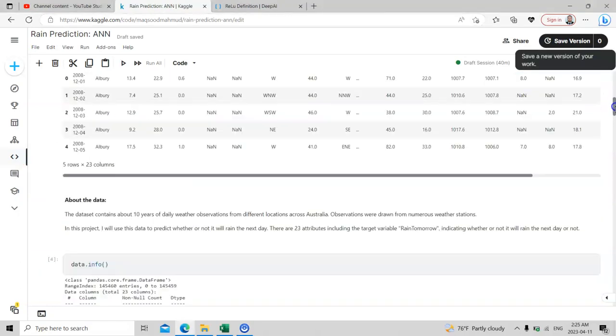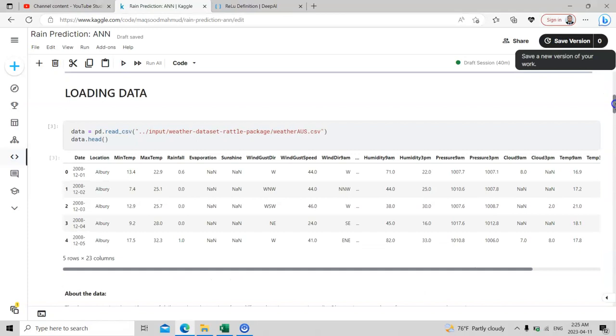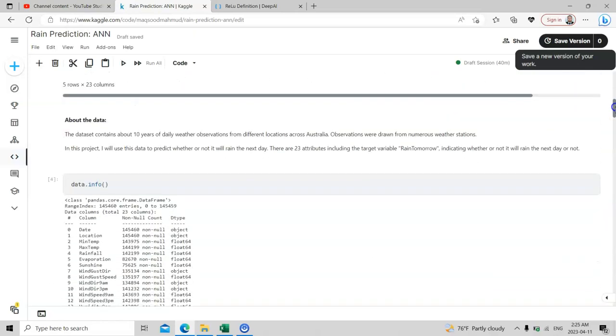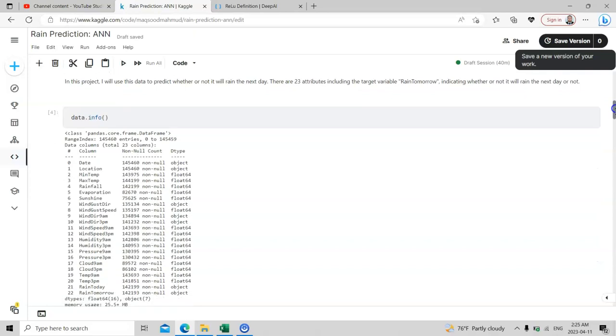Apart from that, the dataset is very heavy and available. You can download it and use it, and it has almost 143,000 records, which is a large dataset. This is info about how your data looks.